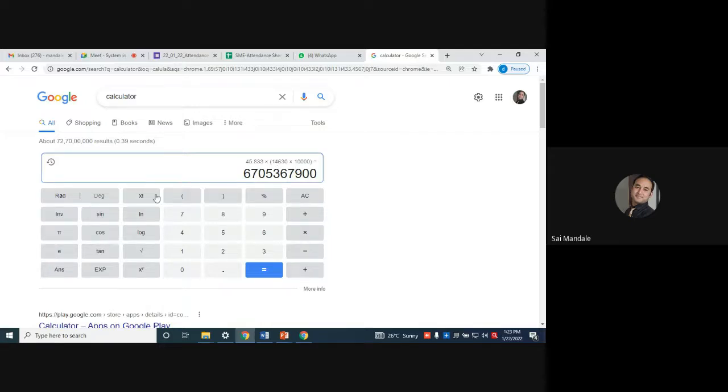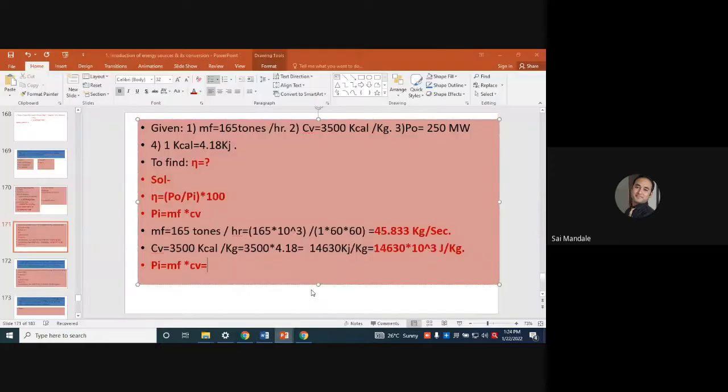Only one digit will reduce here. Let me clear this. So the answer with me is 670.5411 into 10 raised to 6 watt. This is the answer I have with me.